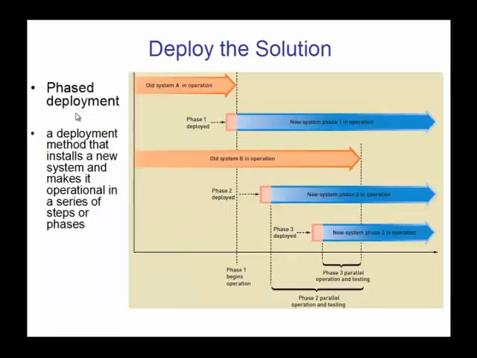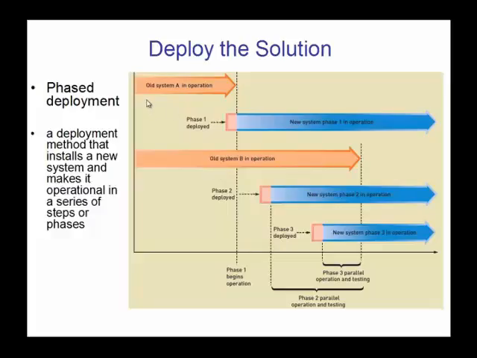The third approach to deploy the solution is called phased deployment. In phased deployment, you can install the new system in several phases so that each phase can be deployed with a little less risk than deploying the whole thing all at once. In this particular example, we're assuming that there's an old system A and there's an old system B, and the new system is really replacing both of those old systems.